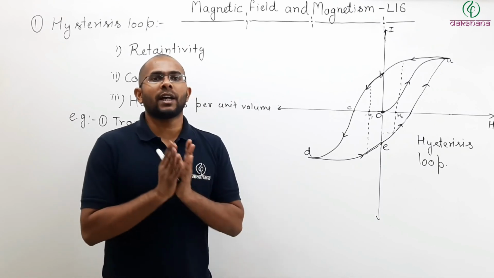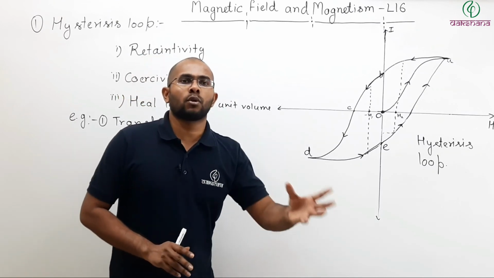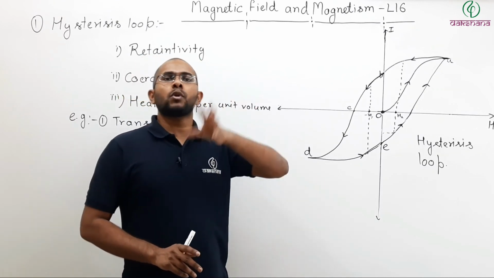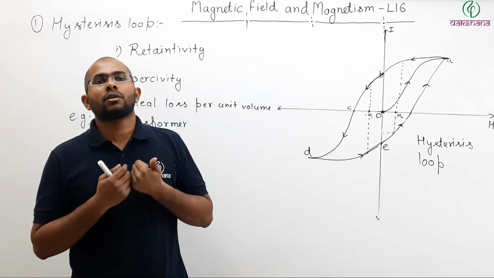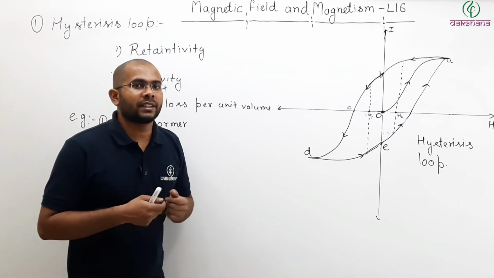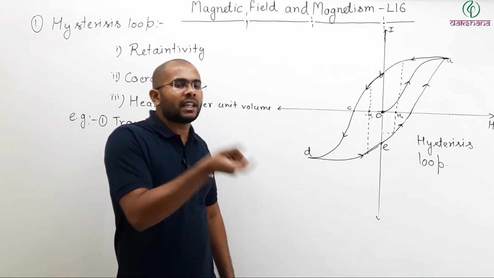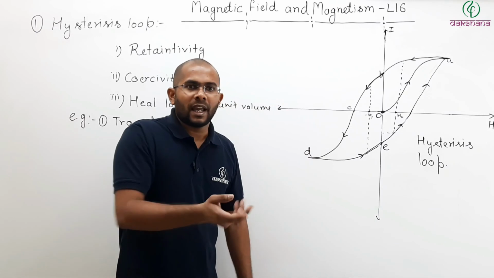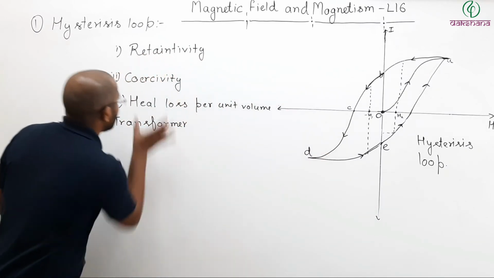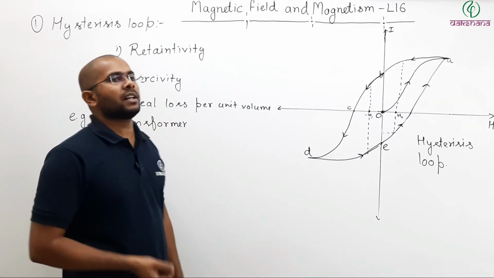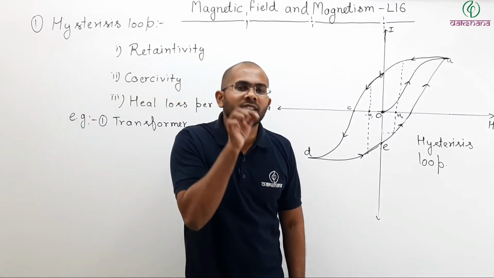Whatever material you are using in a transformer core, or in a moving coil galvanometer also, that material should be very easy to magnetize and very easy to demagnetize. Meaning coercivity of the material in the transformer core should be very small.